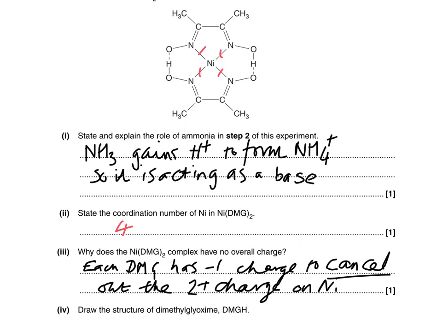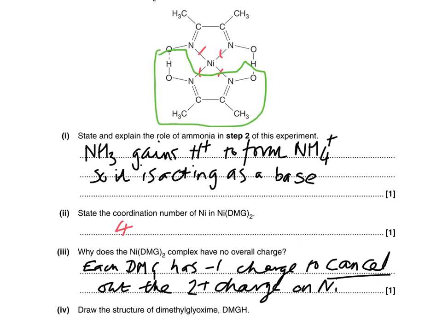Okay, the next one's asking us to draw the structure of dimethylglyoxime. I have no idea how you pronounce this. So DMGH. Right, so we're going to have a look at our molecule up here. The dotted line is a hydrogen bond.